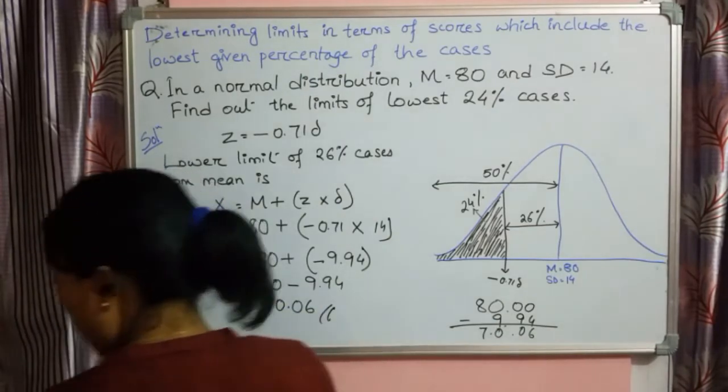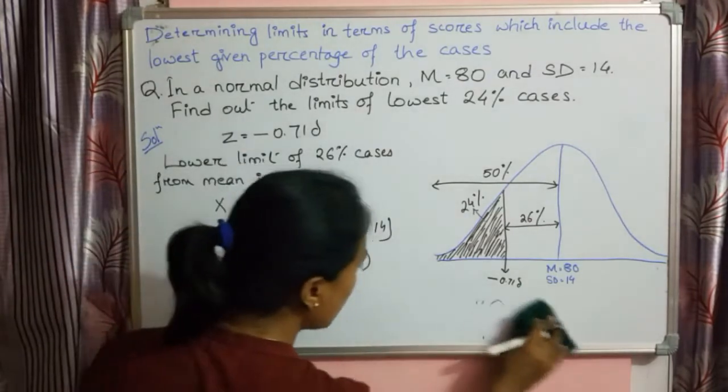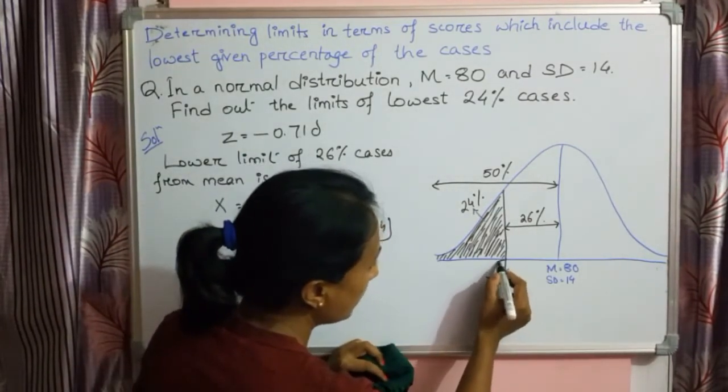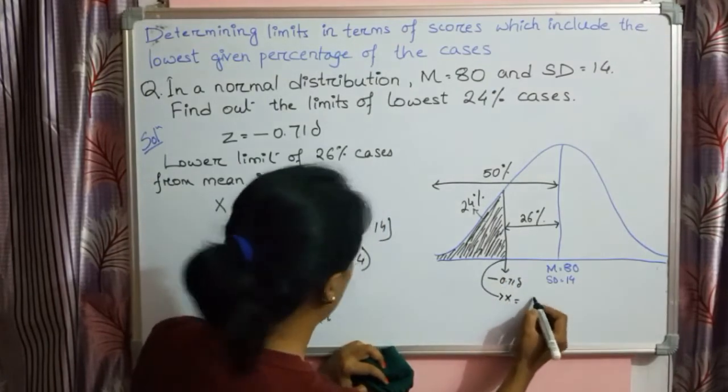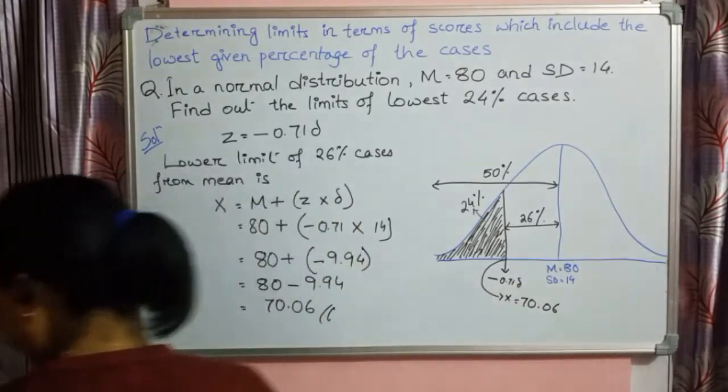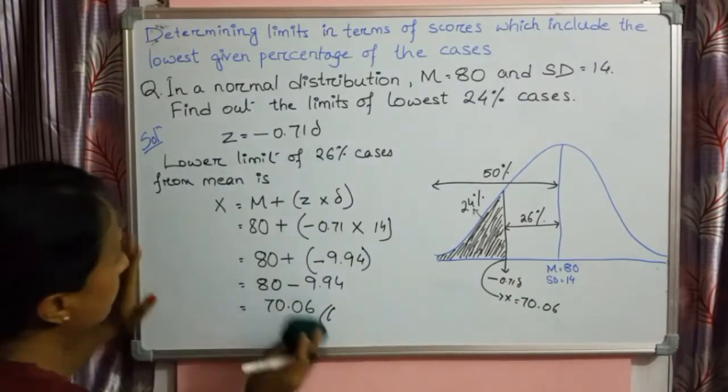This is one of our limits. So for this Z score, our X score is 70.06.